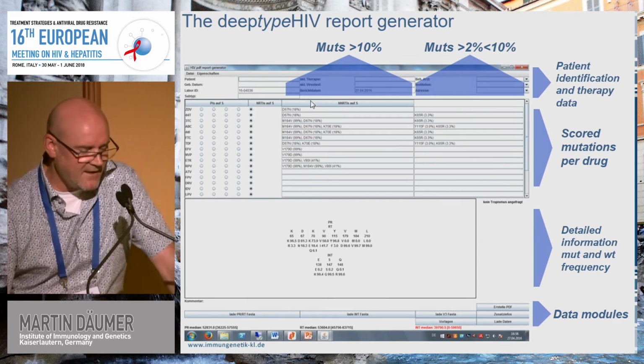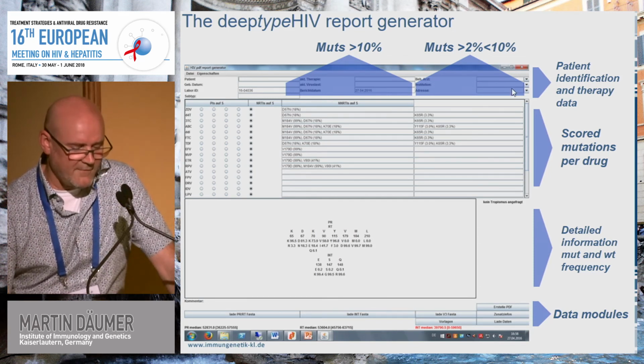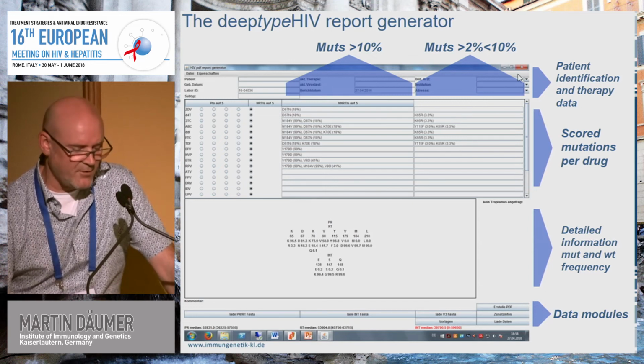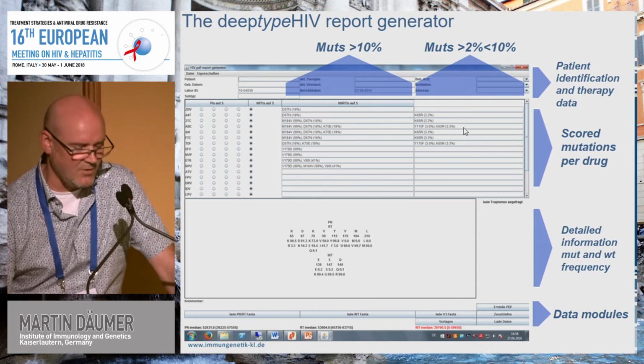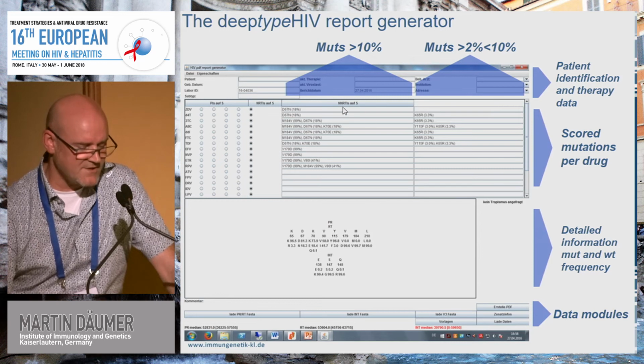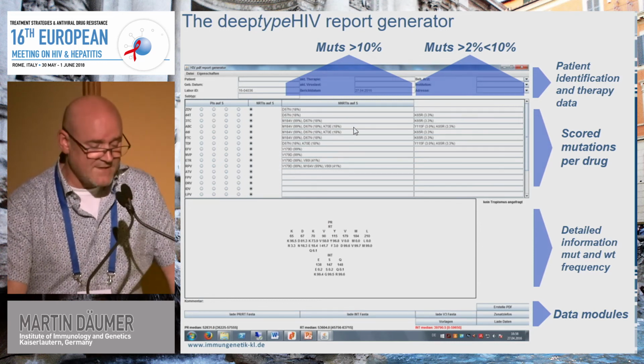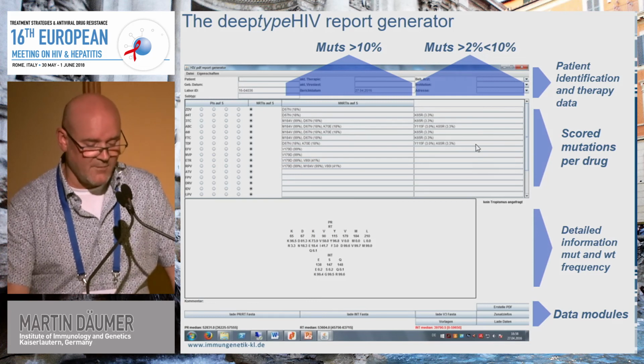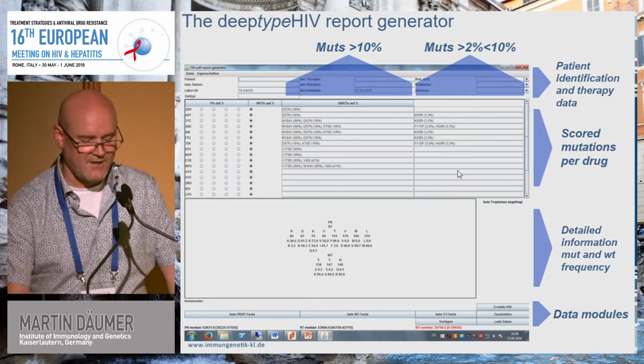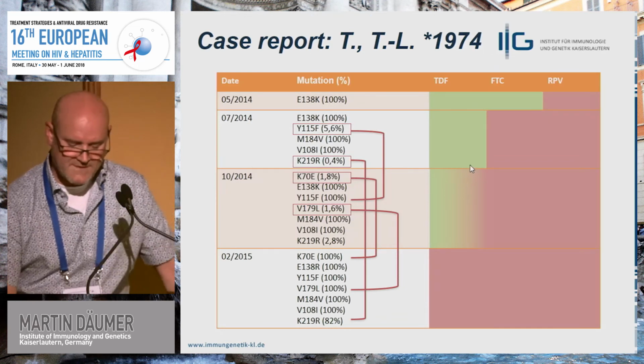And what you see here, this is the column for the patient identification and therapy data. And here in the two columns, all mutations are listed with a frequency of at least 10% or higher.